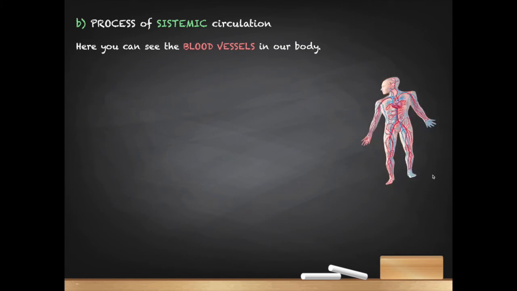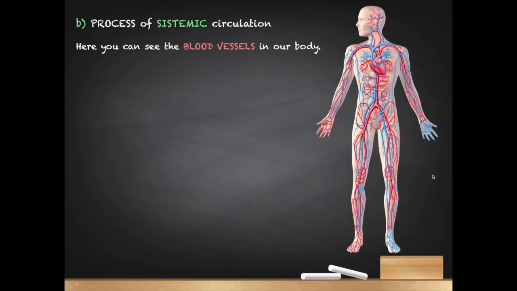If you remember, after the pulmonary circulation, now the blood has got a lot of oxygen, and now the blood returns to the heart. Okay, you can see the blood vessels here. We are going to use this picture to explain the systemic circulation. So remember, from the lungs, now the blood is coming through the heart again. After the pulmonary circulation, the blood returns to the heart.